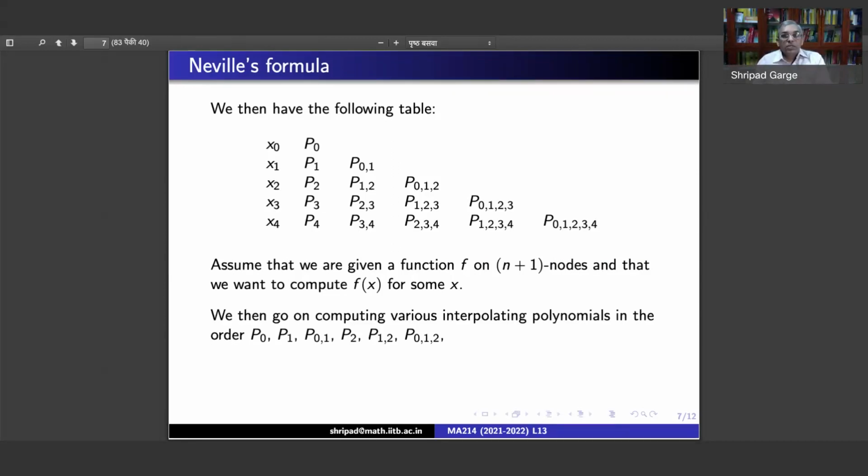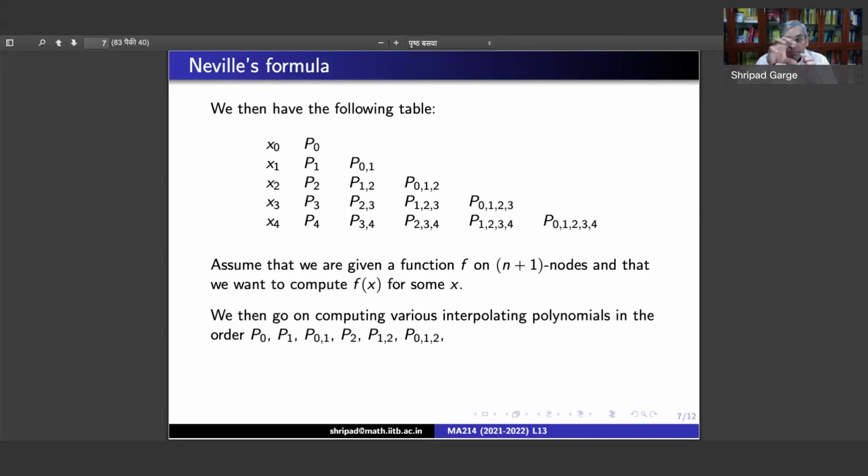Forget the nodes. So this data that we have, the table that we have given, forget these nodes x1, x2, x3, x4. You have P0, which is a singleton triangle. Then you compute P1 and then complete the triangle by computing P01. Then you compute P2, P12 and complete the triangle by computing P012.